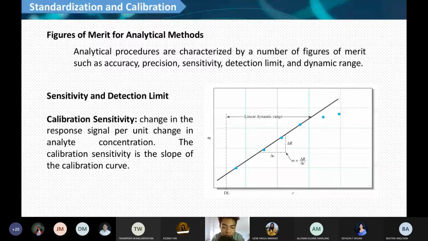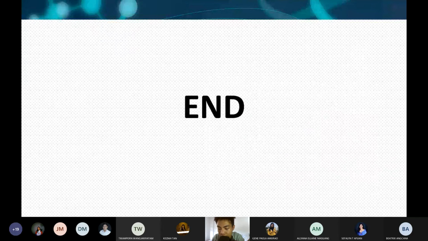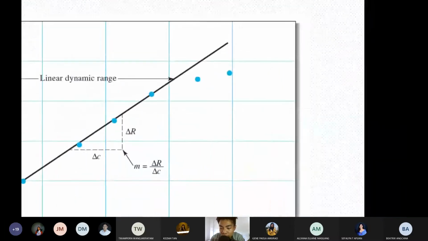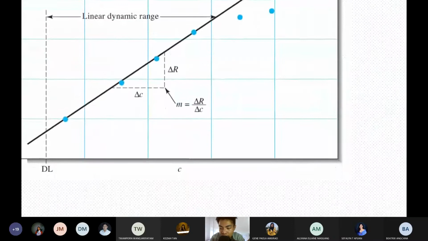The sensitivity of your calibration curve depends on the slope of the curve. Again, the sensitivity of your calibration depends on the slope of your curve. There are three types of curves.